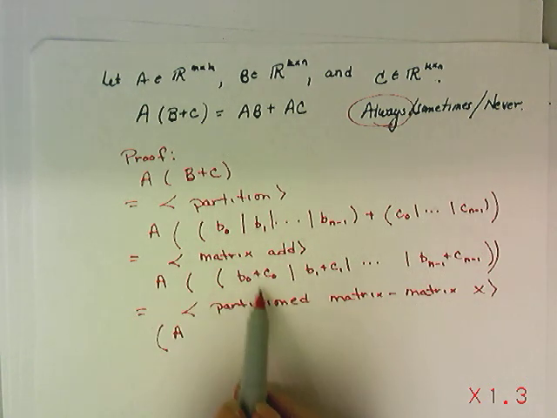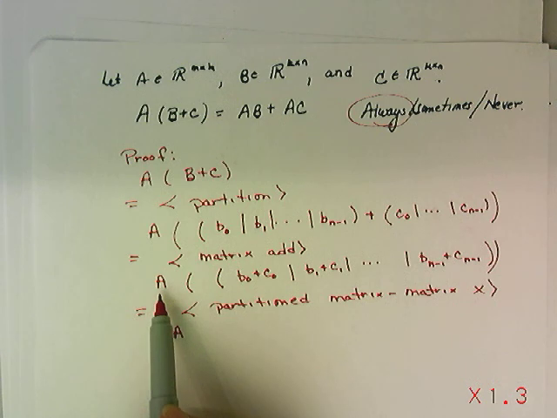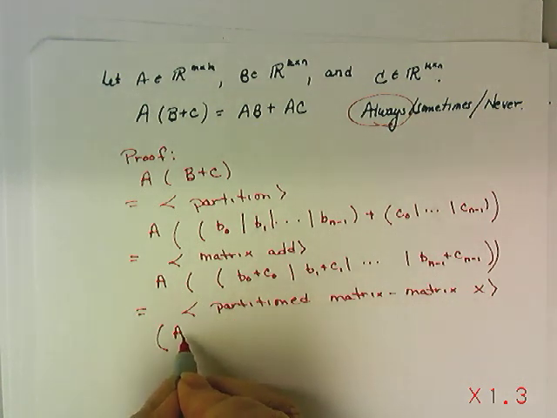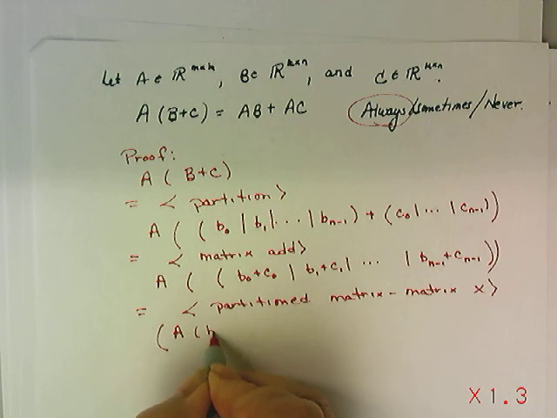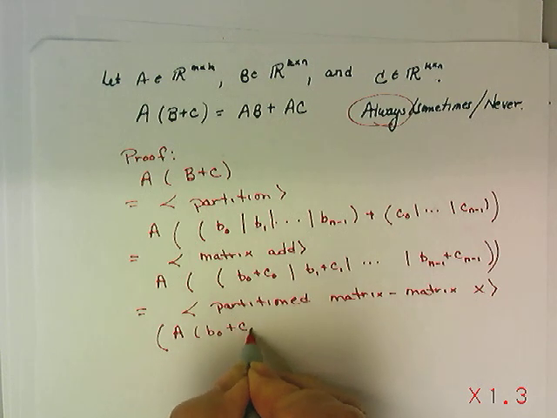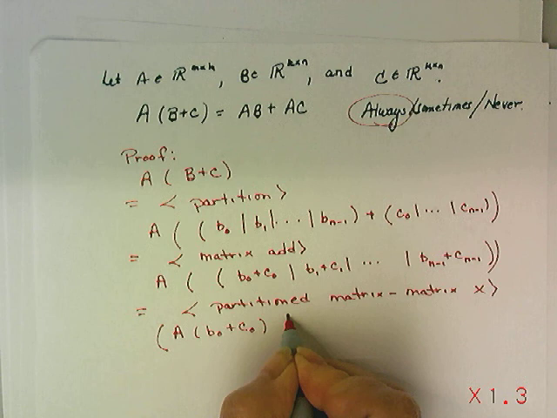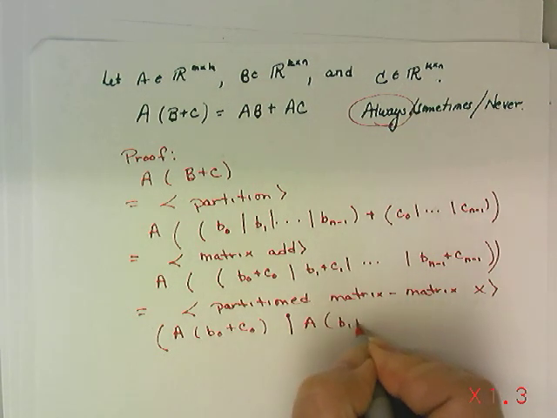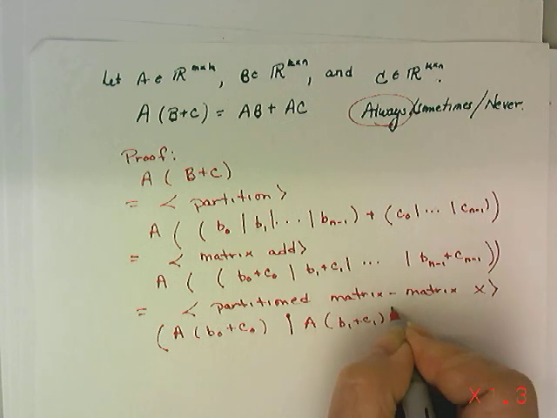Matrix vector multiply will give me each one of the columns of the product of A with the other matrix. So the first column is found by taking A times B sub 0 plus C sub 0. And the second would be A times B sub 1 plus C sub 1, and so forth.